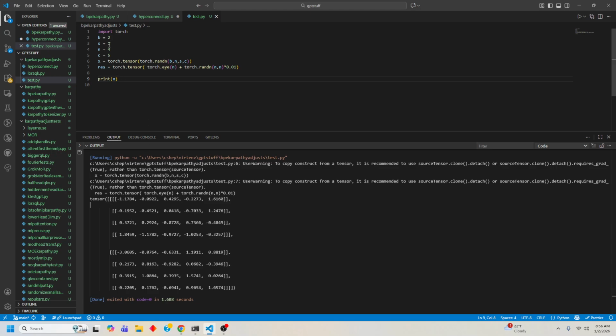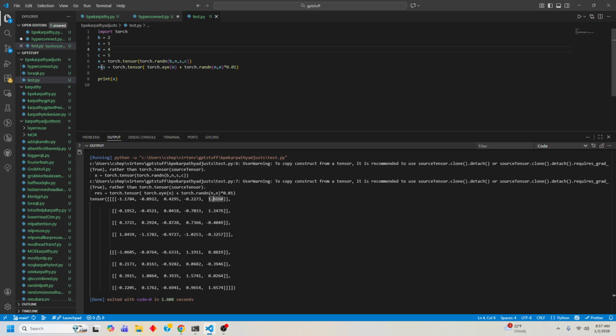So N by C together would be the embedding dimension. Let's say here it'd be an embedding dimension of 20, 4 times 5. You break it out into 4 sets of 5. So 1, 2, 3, 4 of 1, 2, 3, 4, 5. So that's how your input is broken out.